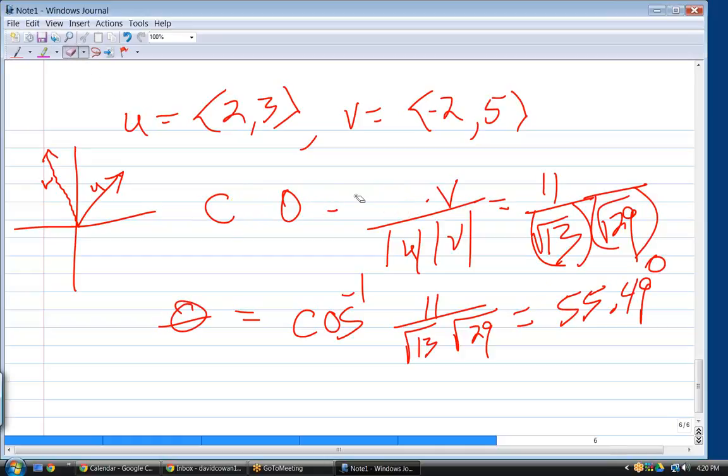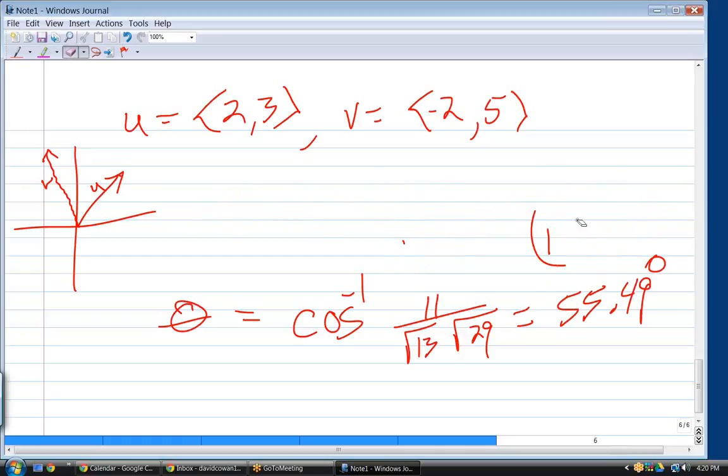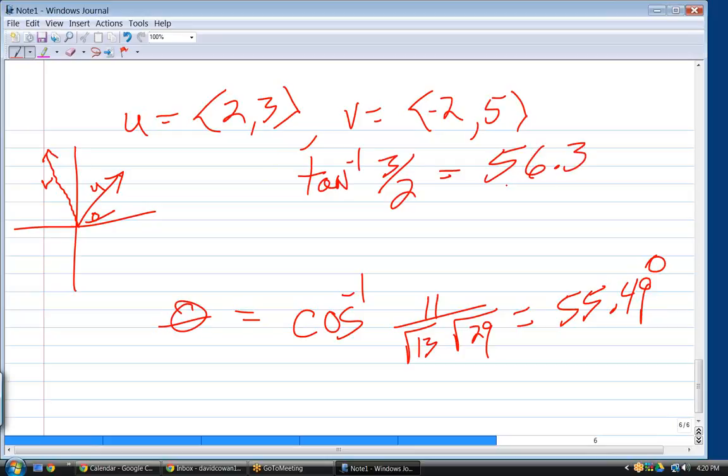Now, just so you fully understand this problem, let's have you do it the other way also. What's the direction angle of u? Inverse tangent 3/2, right? Correct. What is that? 56.3. What is the direction angle of v?